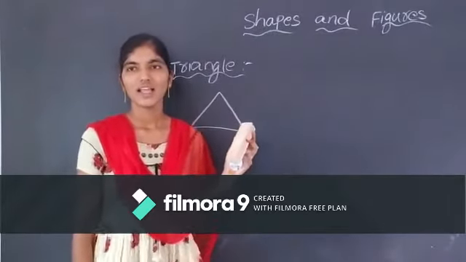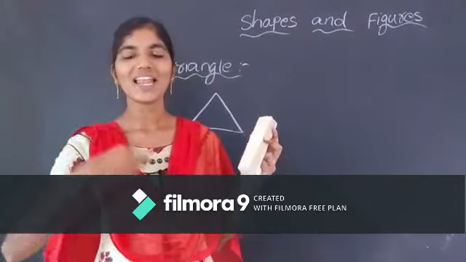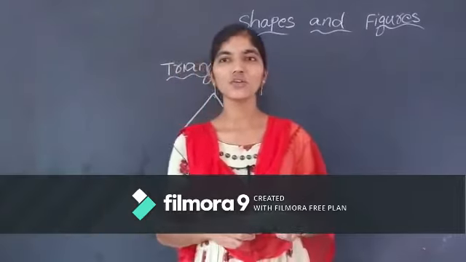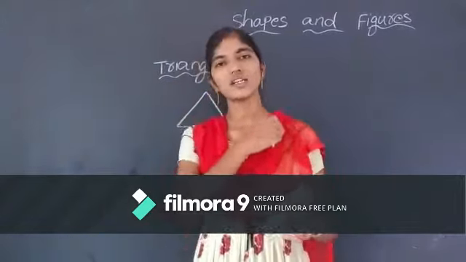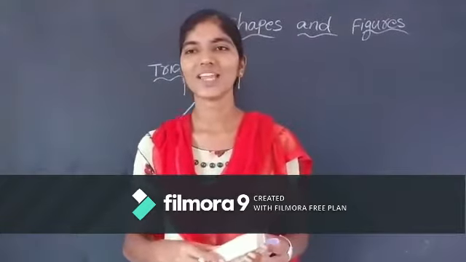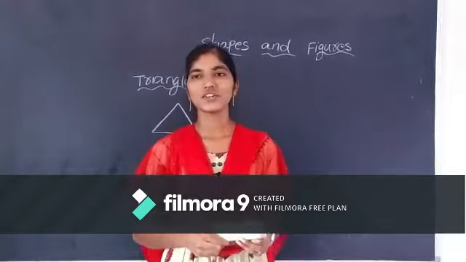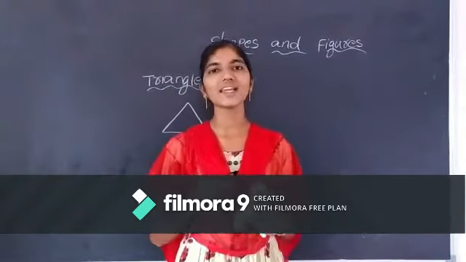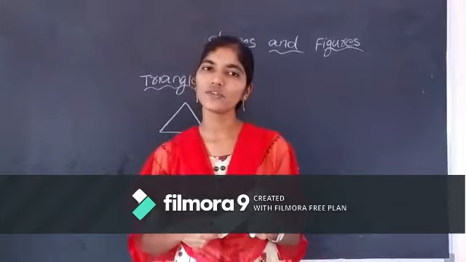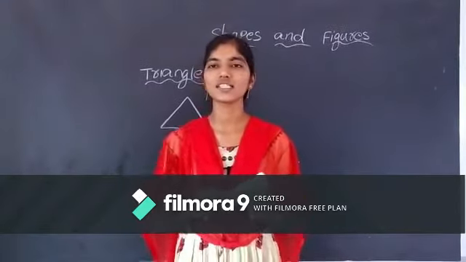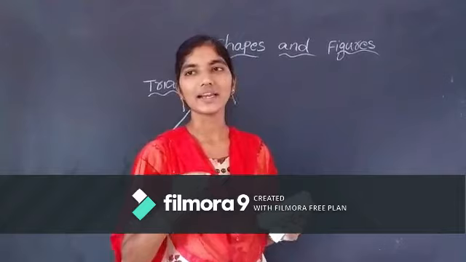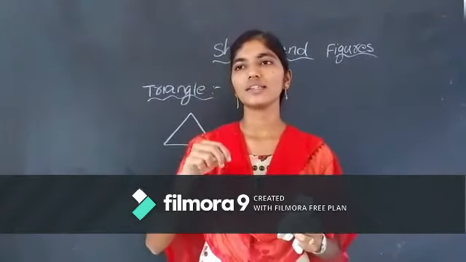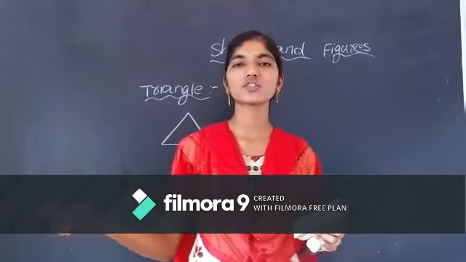Okay, students, let us make a triangle through paper folding. Do it at your home, children. I will give some steps on how to make a triangle with paper. Take a paper and cut it along its diagonals. We get 2 triangles.